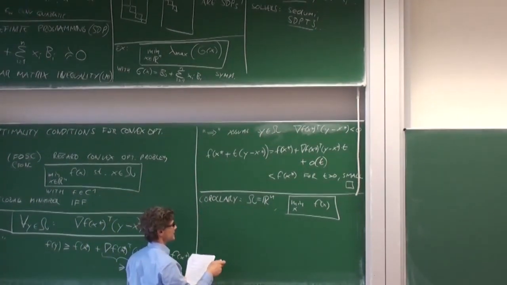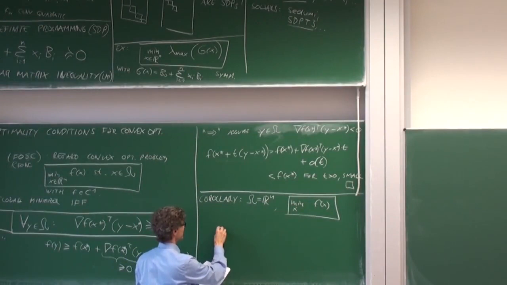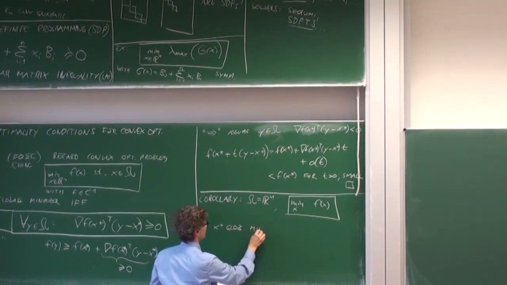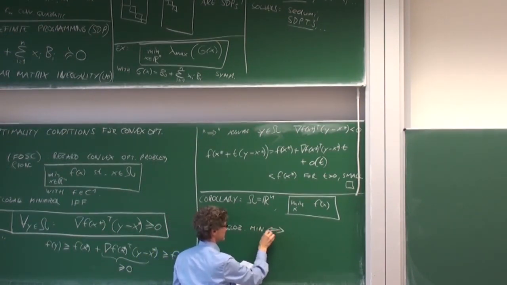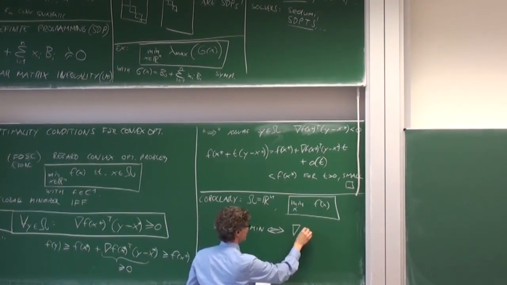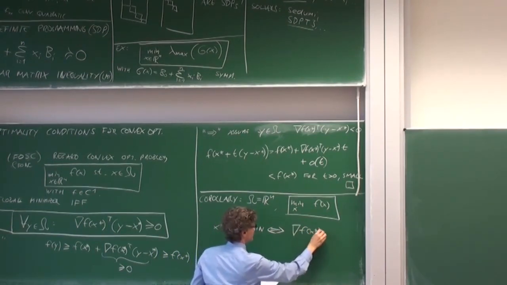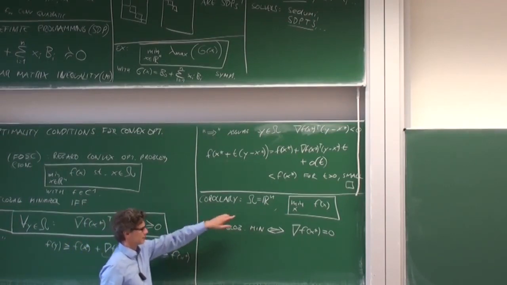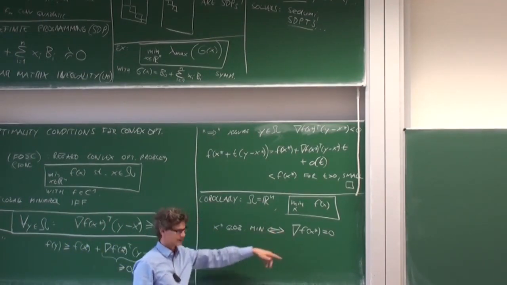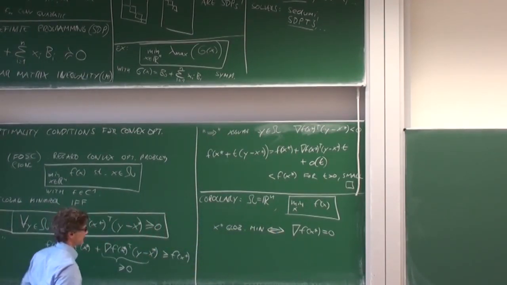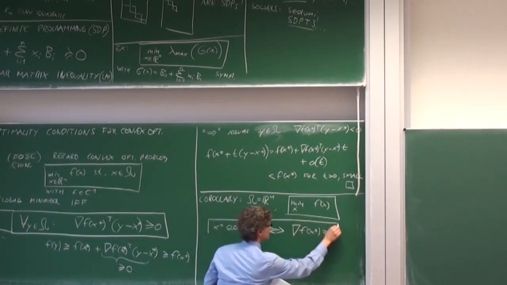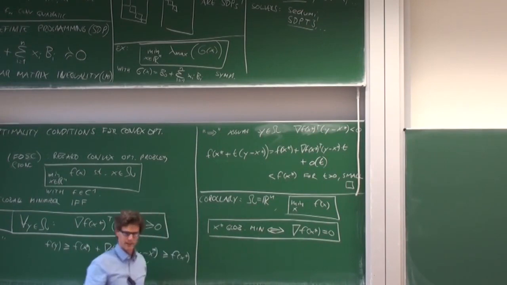And our necessary and sufficient condition for optimality is: x star is a global minimizer exactly if the gradient of f at x star is 0. And because it's a full set, I don't even need this condition that it needs to be part of the feasible set itself. So this is a very useful and strong result.